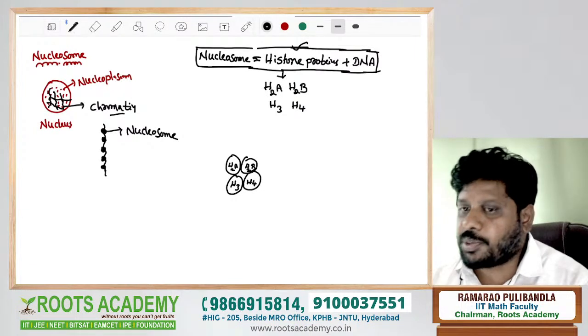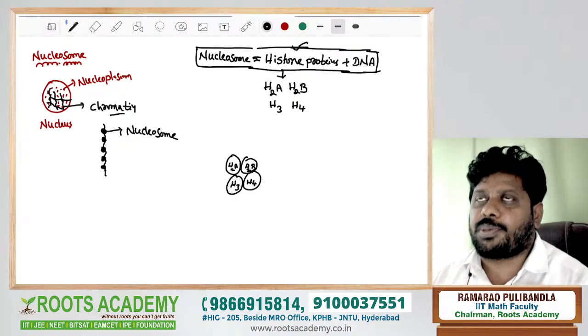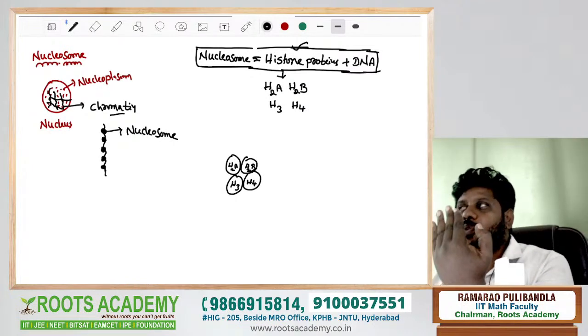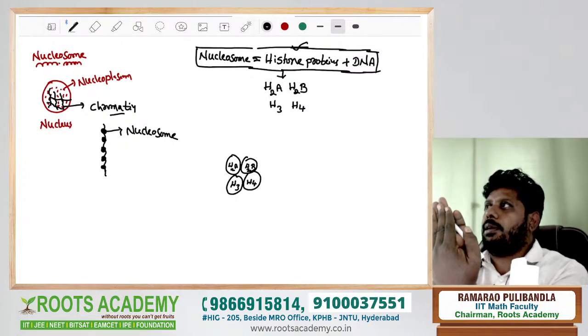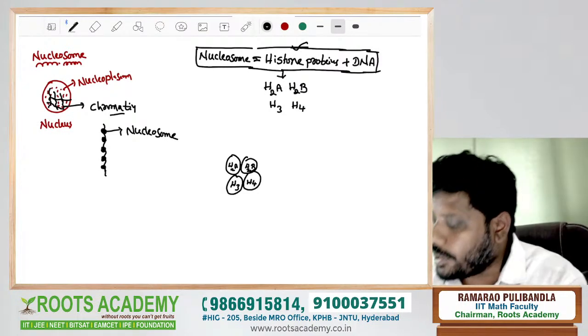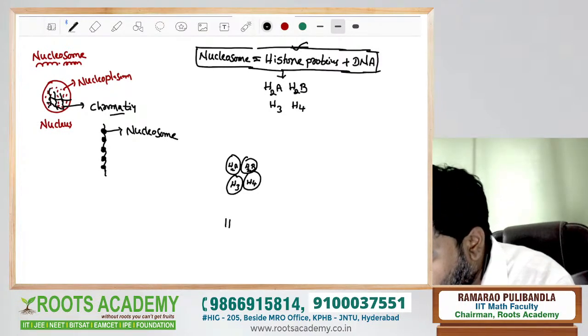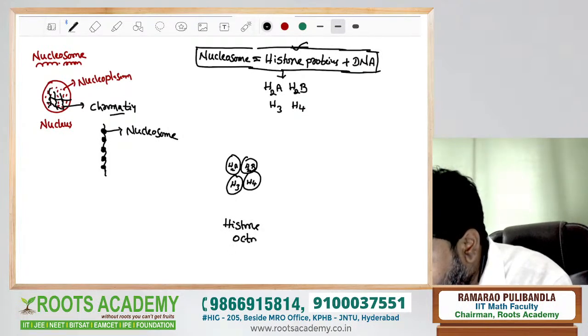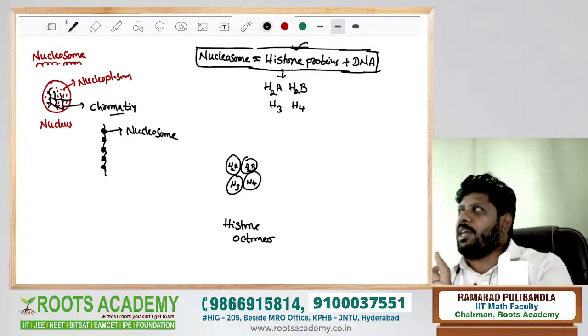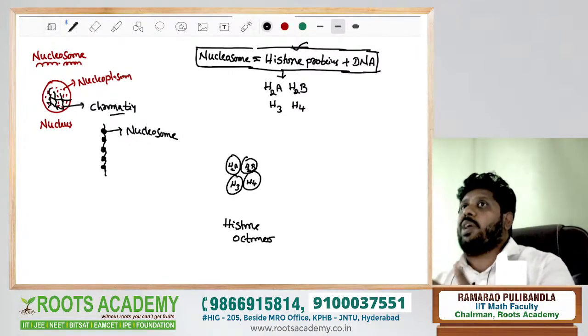So how many types of histone? Four types of histone, but each one is double. One H2A is present on the front side, one on the back side. Total how many histones are there? Those 8 histones are collectively called the histone octamer. Types, if asked, 4: H2A, H2B, H3, H4, but each one is double.